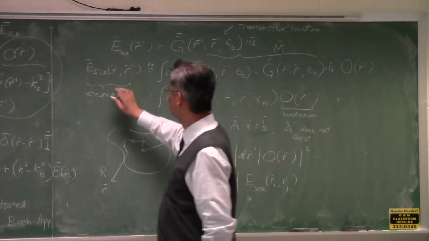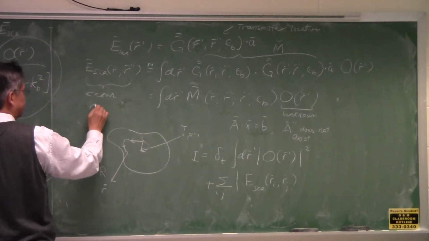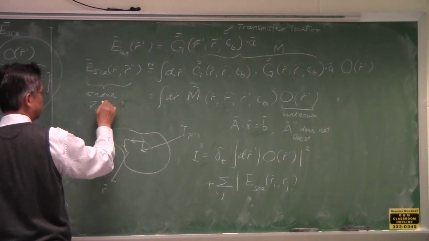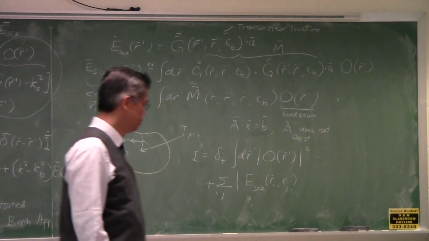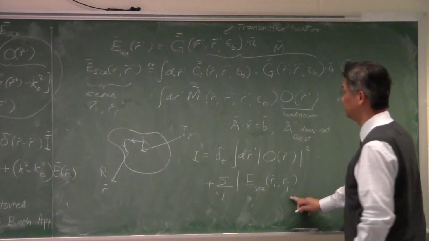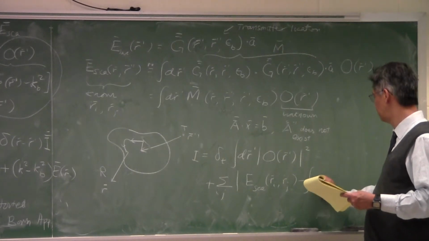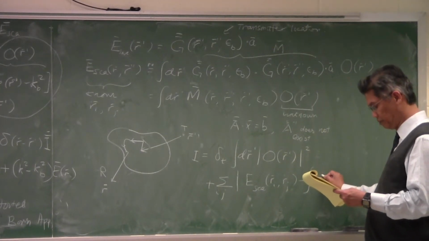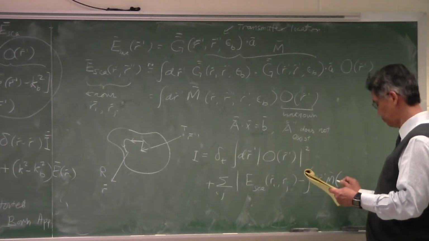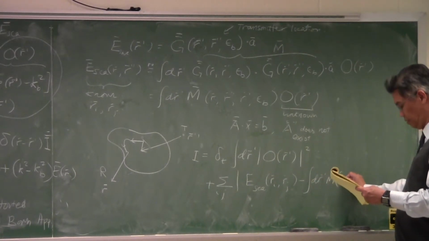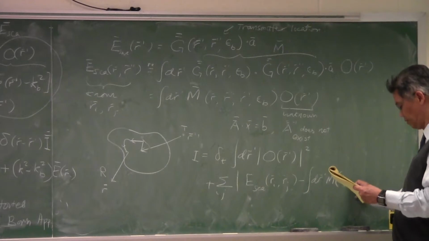Let me assume that this experiment is done with different Ri and Rj. I just do the experiment and obtain this data over here, and I want this answer to be as close as possible to the predicted result by modeling.